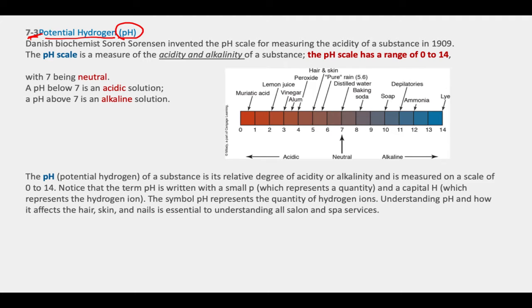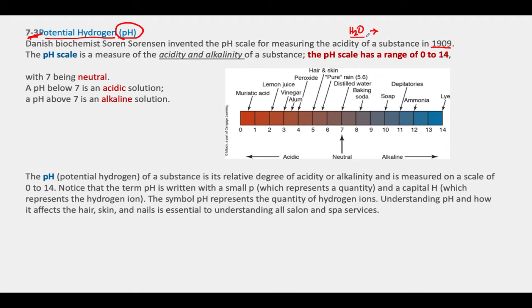It says Danish biochemist Søren Sørensen invented the pH scale for measuring the acidity of a substance in 1909. What he based it on was the concept of water, H2O, as neutral.